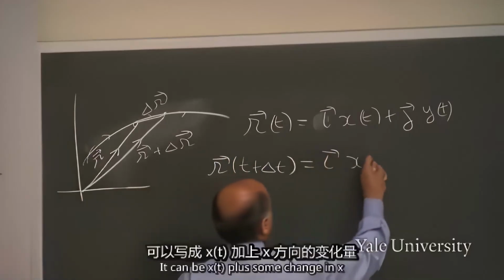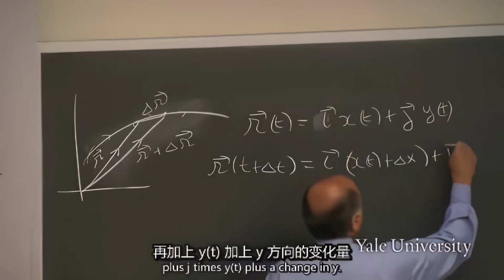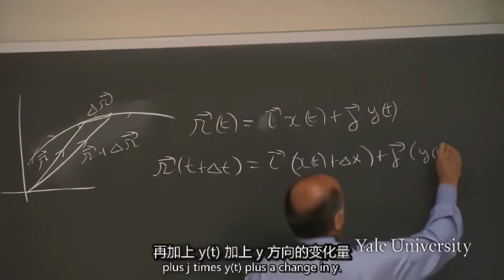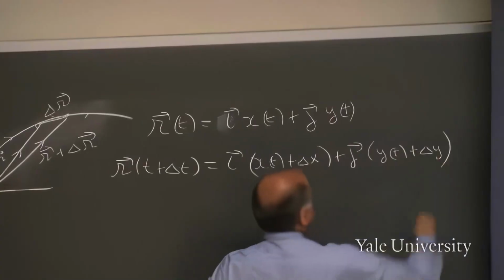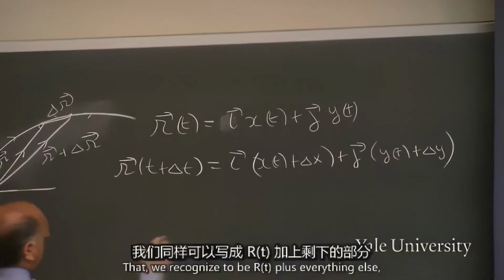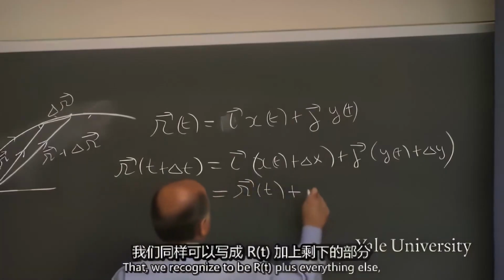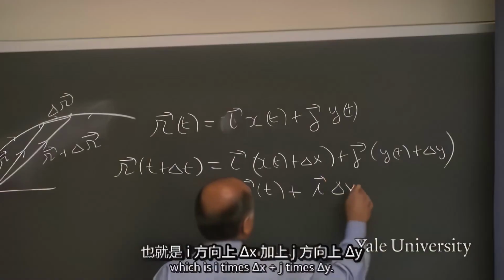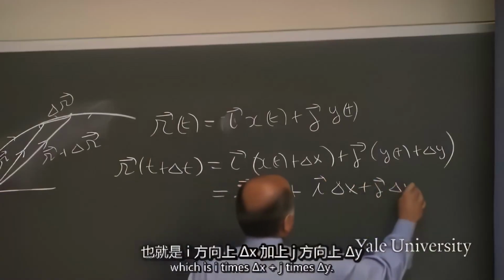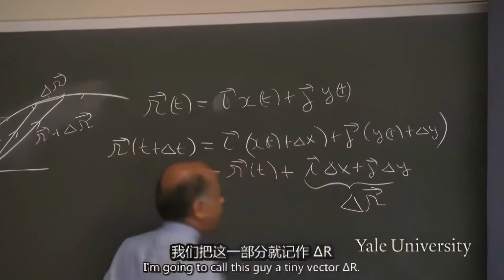It can be x of t plus some change in x, plus j times y of t plus a change in y. That we recognize to be r at time t plus everything else, which is i times delta x plus j times delta y. I'm going to call this guy a tiny vector delta r.